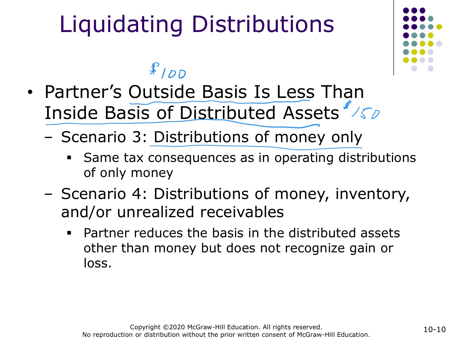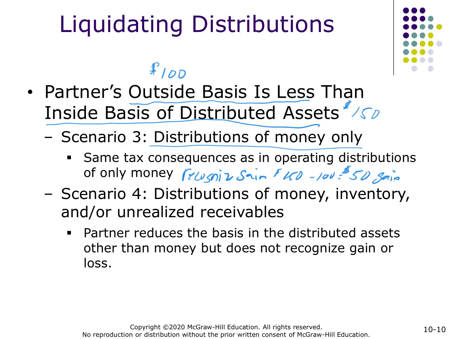However, if the distribution is greater than the partner's outside basis, you're going to recognize gain in this case. So in this situation, you would recognize gain. Your distributed assets are 150. Your outside basis is 100. So your gain would be $50 in this situation, okay?